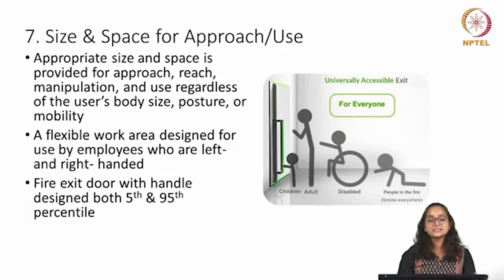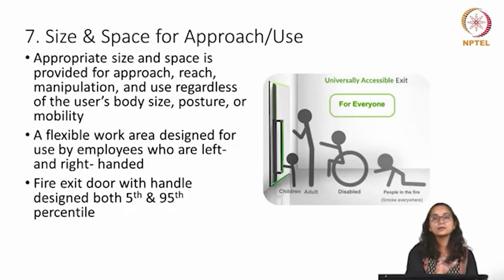Then the 7th is size and space for approach or use. What it means is that appropriate size and space is provided for reaching the intended interactive part of the product and manipulating it.